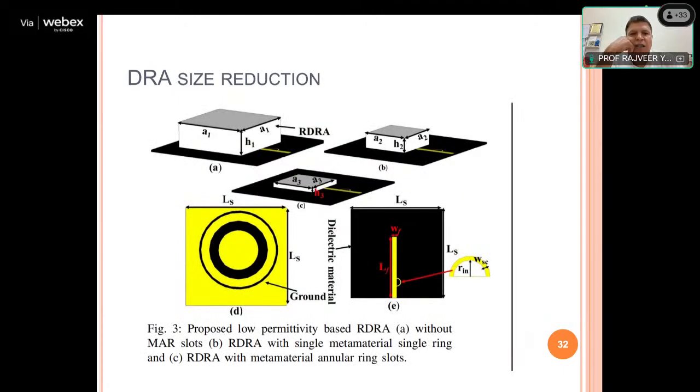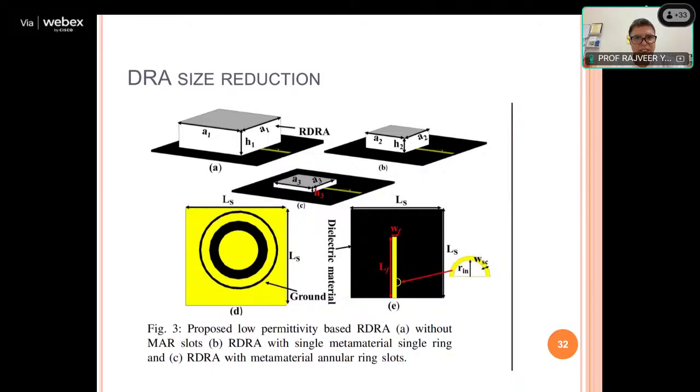This is the total process being depicted. Initially, if you see the size of the DRA, A is representing 60 by 60 by 40, and the dimensions in figure C have been turned into 25 by 25 by 4.3 mm cube.